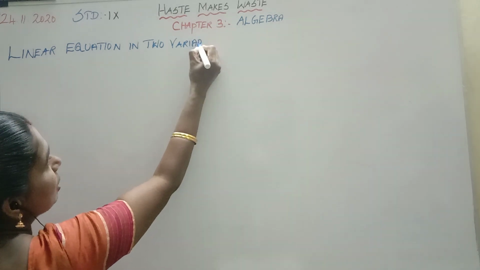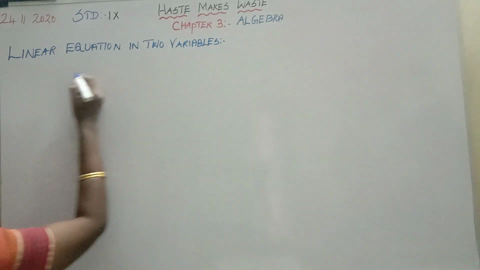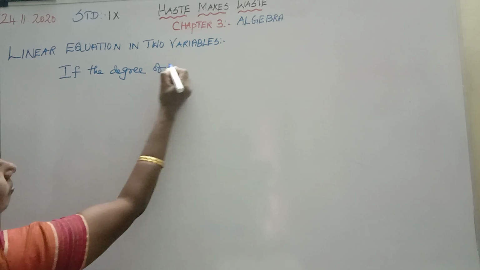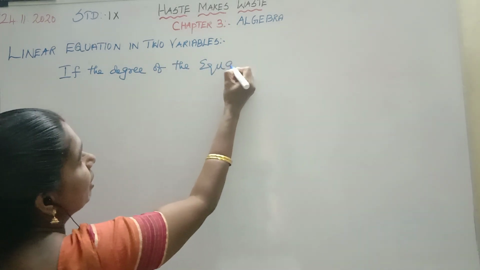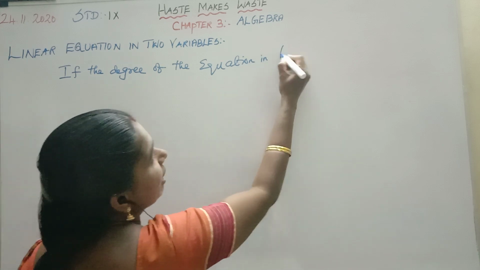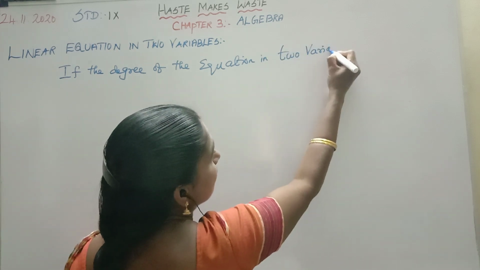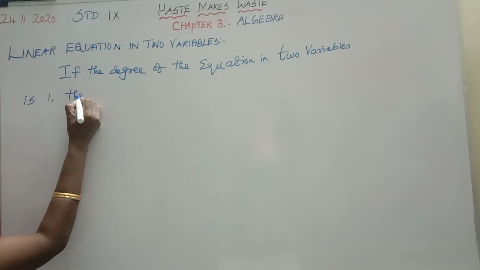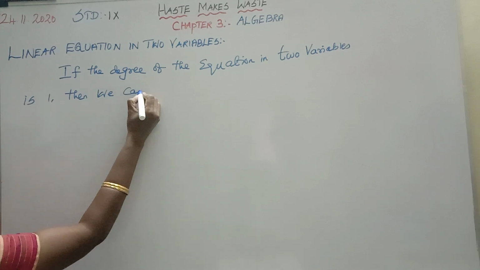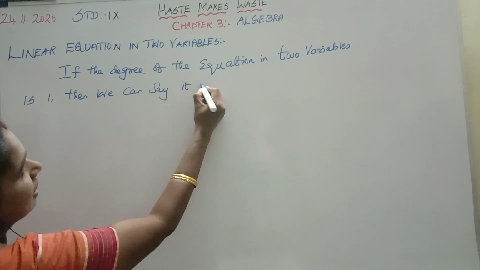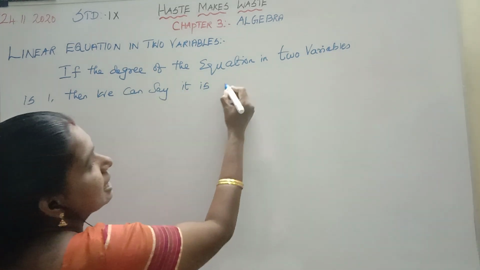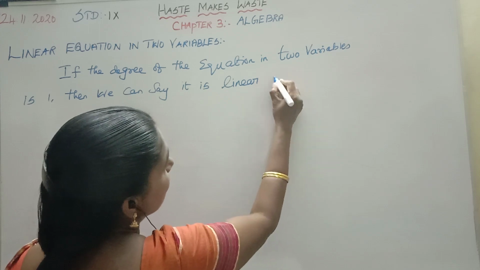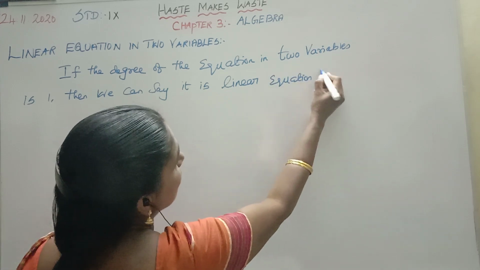What is the meaning for linear equation in two variables? If the degree of the equation in two variables is one, then it is a linear equation in two variables.